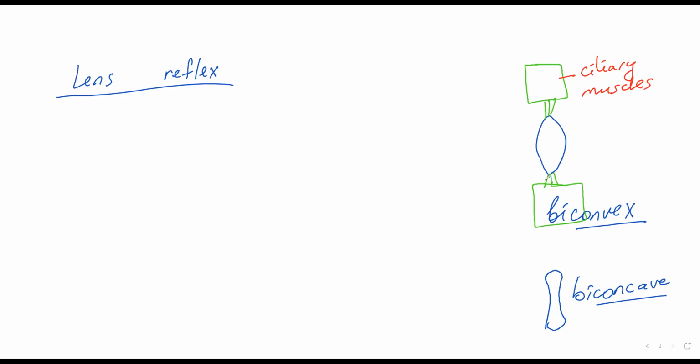The name of these ligaments is suspensory ligaments. The suspensory ligaments are attached to the lens, and they connect the lens to the ciliary muscles.